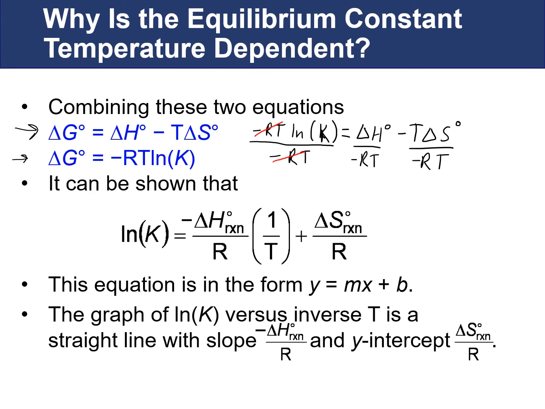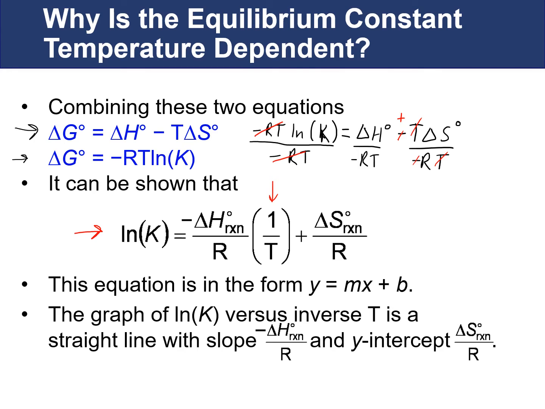On the right-hand side, the negative here will cancel out with this negative here, so we'd have a plus. The T's are going to cancel out, and the result is we would get this equation here. Now, the 1 over T here has been brought separate from the delta H over R because we can actually plot this expression out as a linear equation.